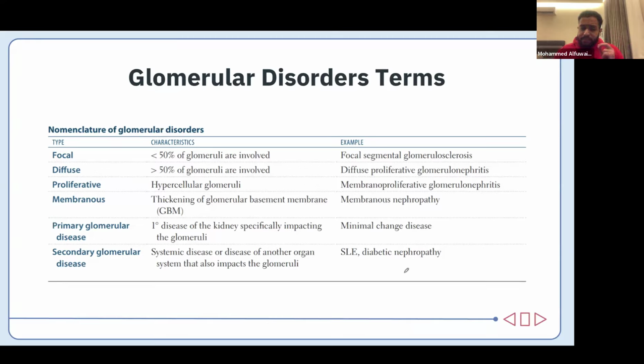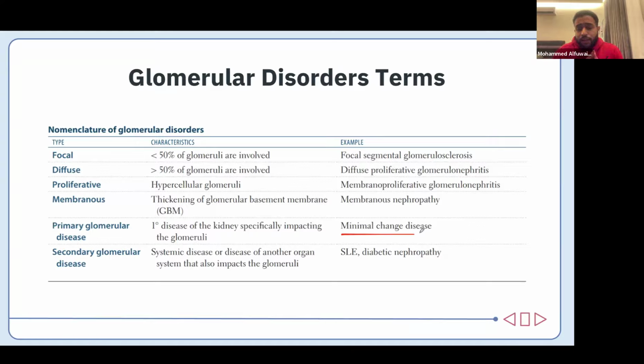Okay? Now, we have primary diseases and secondary diseases. Primary diseases are primary diseases of the glomeruli itself. This patient does not have any other disease. They just presented with isolated minimal change disease or isolated proteinuria. This is what we call primary disease. And this is usually idiopathic. We don't know why it happens with these patients. Okay? Or there's some receptor issues that we'll describe later.